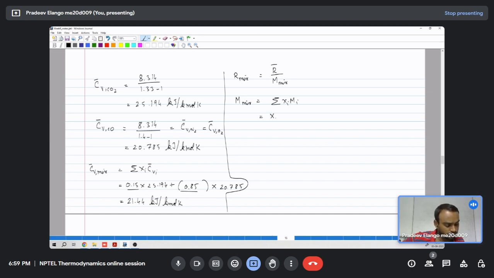So that is x of CO2 times molecular weight of CO2, plus x of carbon monoxide times its molecular weight, plus x of nitrogen times its molecular weight, plus x of oxygen times its molecular weight.